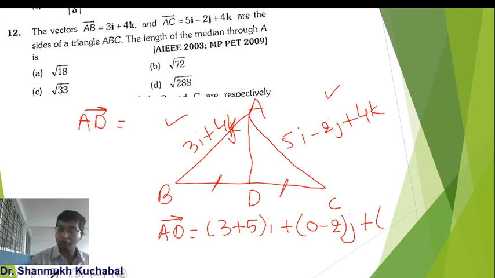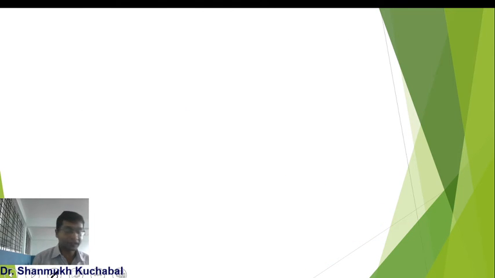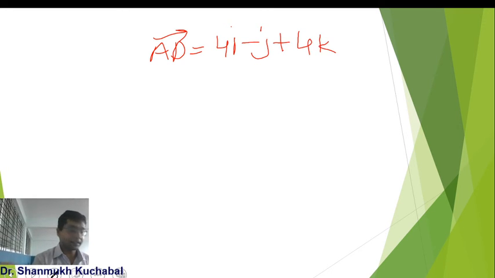Next, 4 plus 4 times k, and the whole divided by 2, because it is equally placed. If we simplify this expression, we get AD as 4i minus j plus 4k.